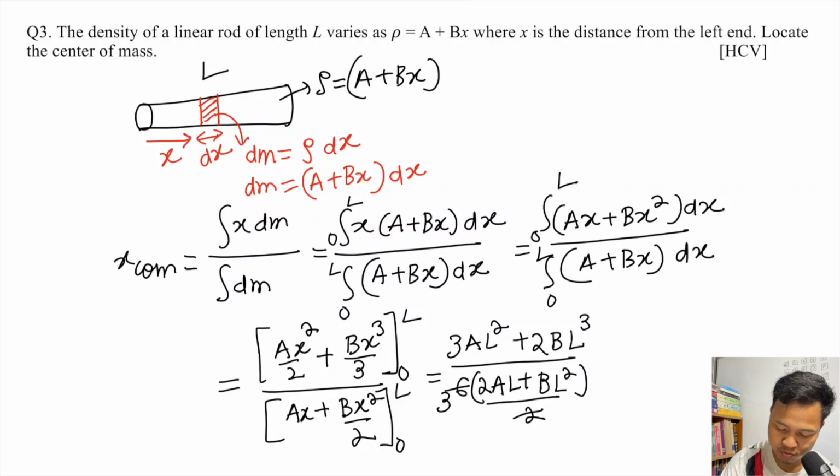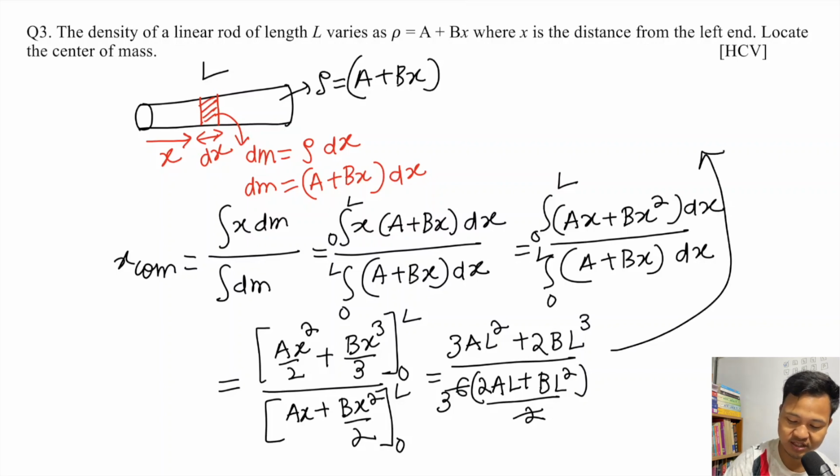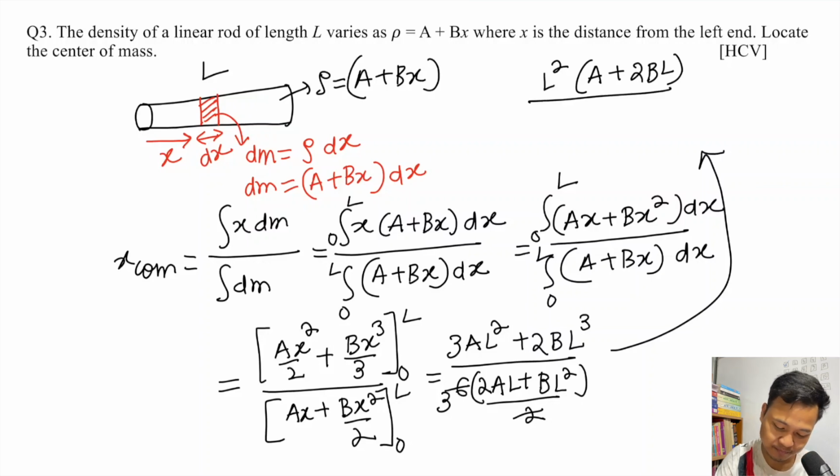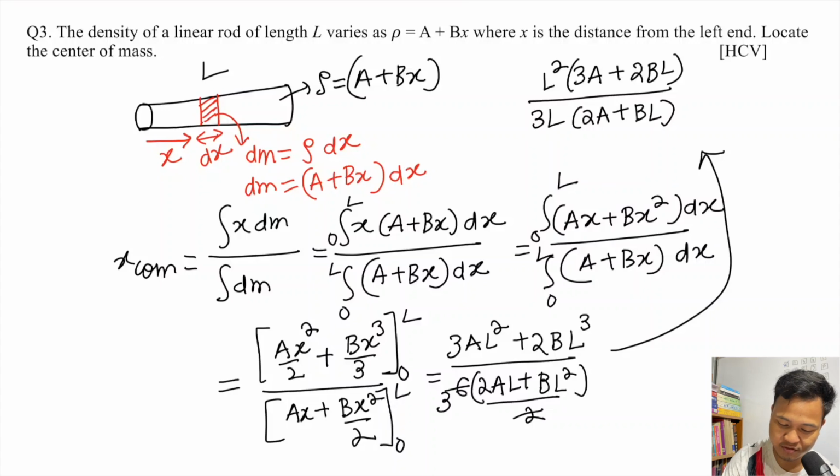Taking the LCM, finally I will have L square common: L square into 3A plus 2B into L, divided by 6, over 2A plus BL into L. The L common cancels out, so this is your answer: 3A plus 2BL divided by 3 into 2A plus BL.